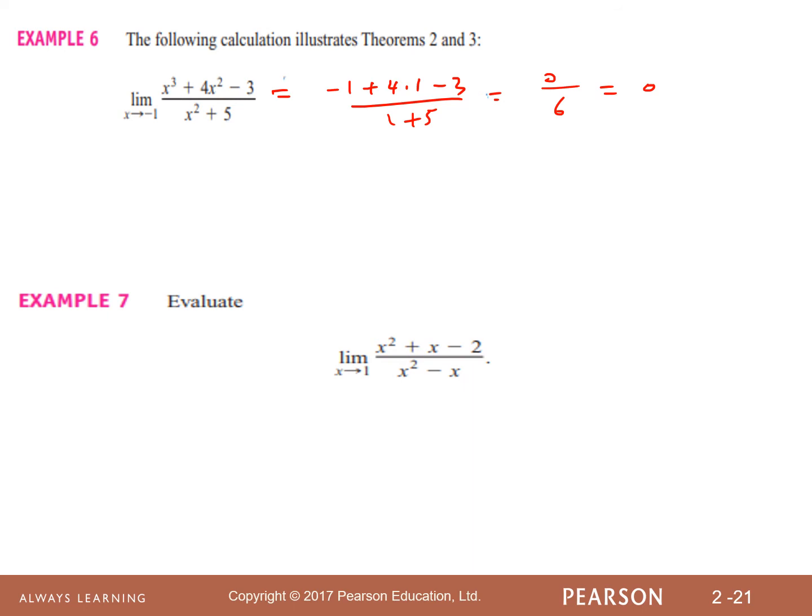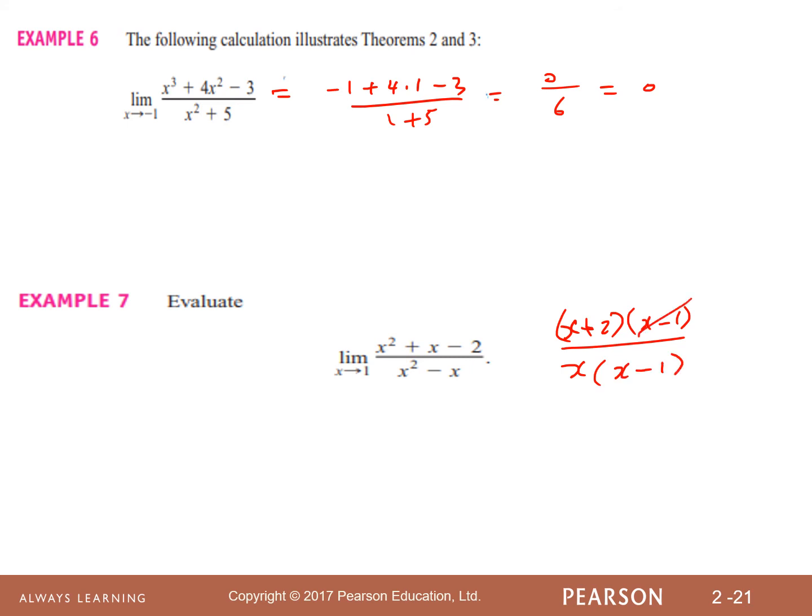Okay? Now, we want to evaluate this as x goes to 1. Will the denominator go equal to 1? No, it makes 0. It's going to be 0, right? So we have to do what? We have to do x plus 2, x minus 1, right? Just go ahead and factor this. X plus 2, x minus 1 divided by what? x outside and then x minus 1, right?